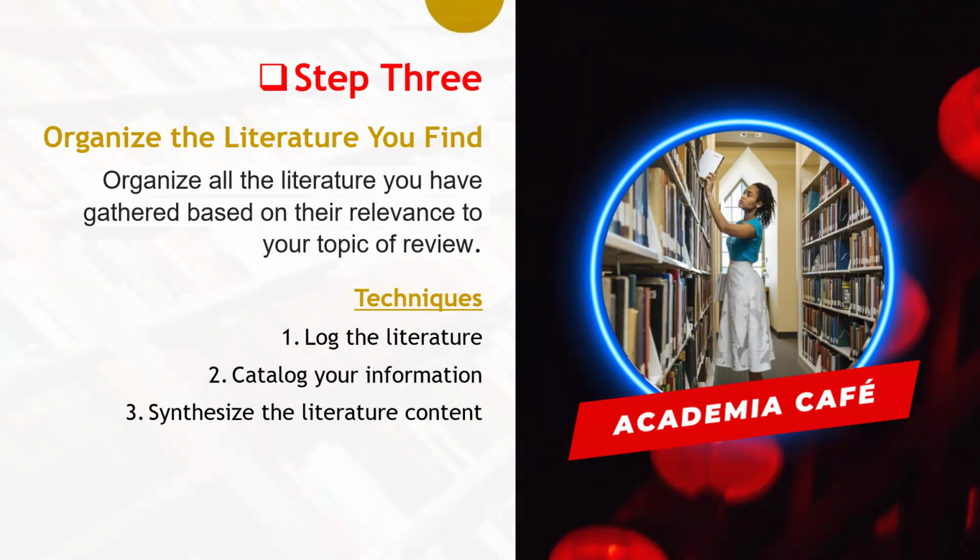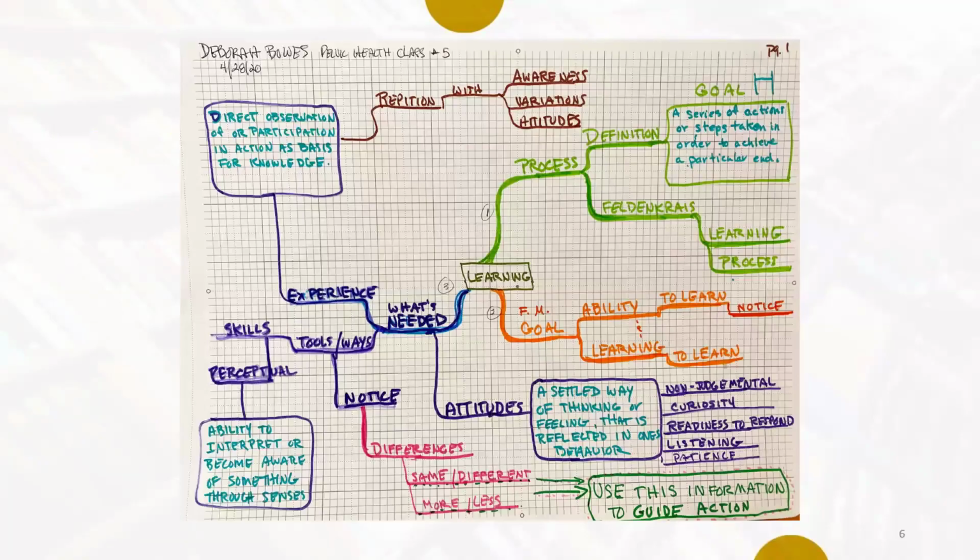And what I'd like to recommend is that you use a separate exercise book where you can document your ideas, curate your checklist, highlight your narratives, and then make notes. You can also explore visual aids like mind mapping to map your ideas and the pieces of information you are getting while synthesizing the literature content.